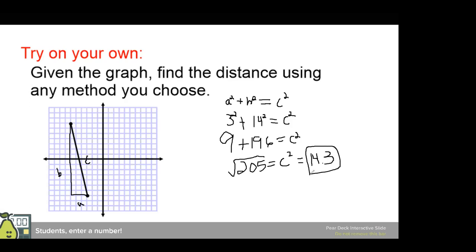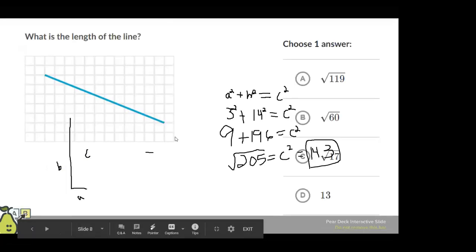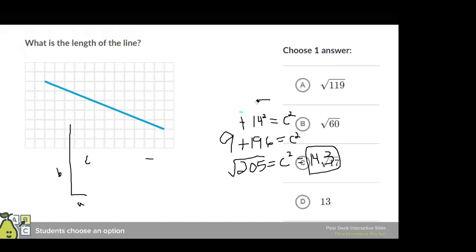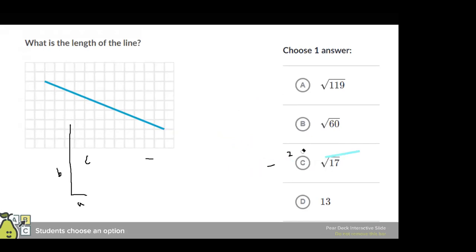Good. Thank you. Let's see, what else do we got? Ooh, what's the length of this line? Oh my goodness. They don't give you coordinates, do they?